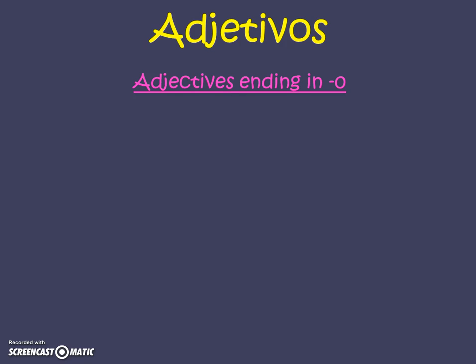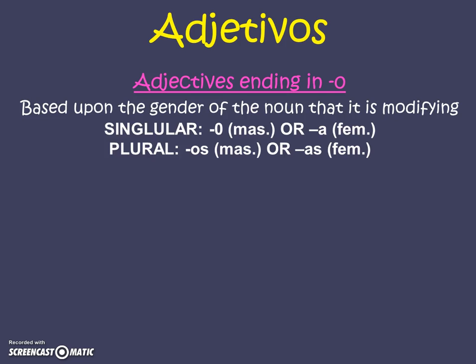Okay, so if we have an adjective ending in O, which we had a lot of when we did our adjetivos personales, remember, all we have to do, if it's a masculine noun that we're describing, is keep it with an O. Now, if we are describing a noun that is feminine, we are going to change it to A, which we have already learned.